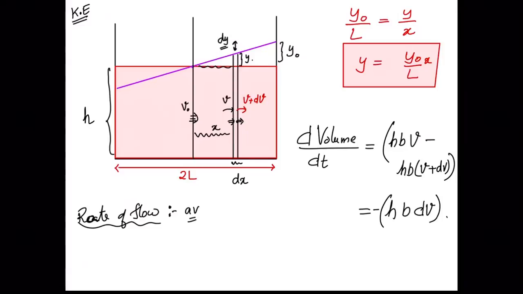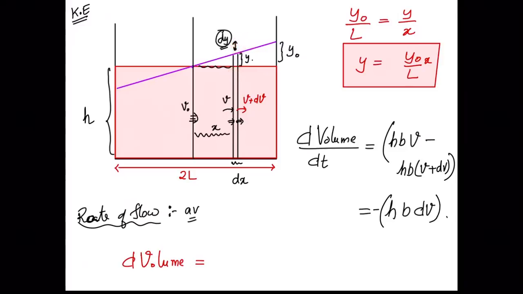Okay, and due to this extra volume inflow, the water will rise here, okay? So that rise I have assumed as dy. If I write d volume, what will be the increase in volume due to the rise dy? This length is dx, this is the increase dy, into breadth b, right?